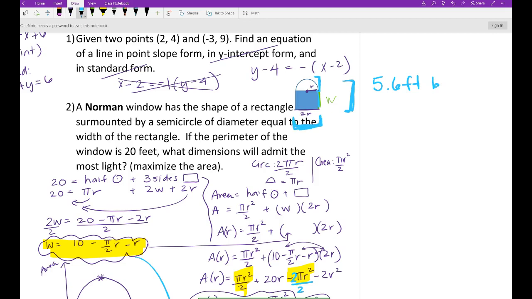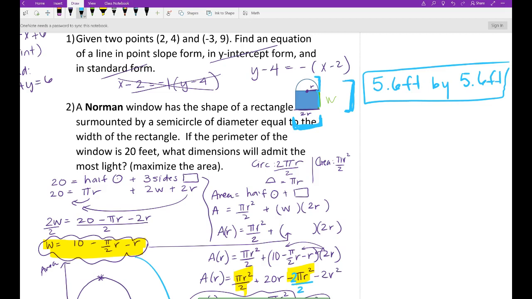Yeah, okay. So I will take the answer if you have the correct labeling on there. If I see that R is half, then I will take 2.8 as being R. Does that make sense? Yes, definitely.